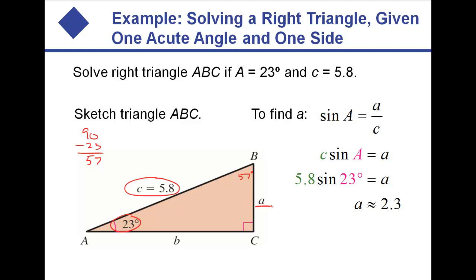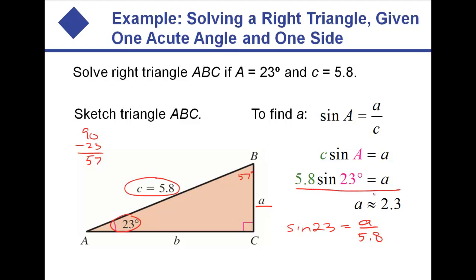If we're trying to figure out what A is, well, we know that sine of 23 has to equal A over 5.8, right? Opposite over hypotenuse. And now if we multiply both sides by 5.8, this is how they got to there.